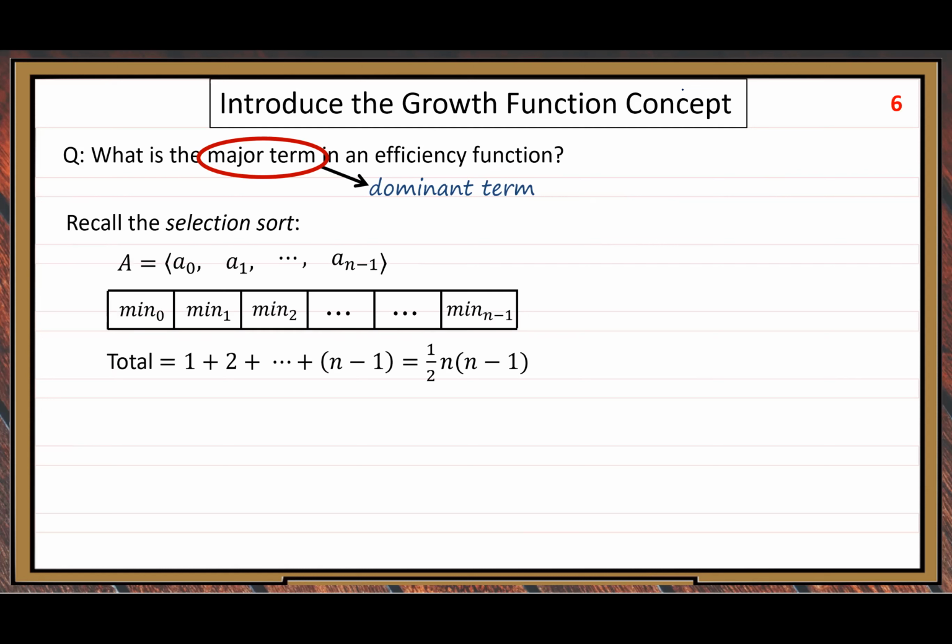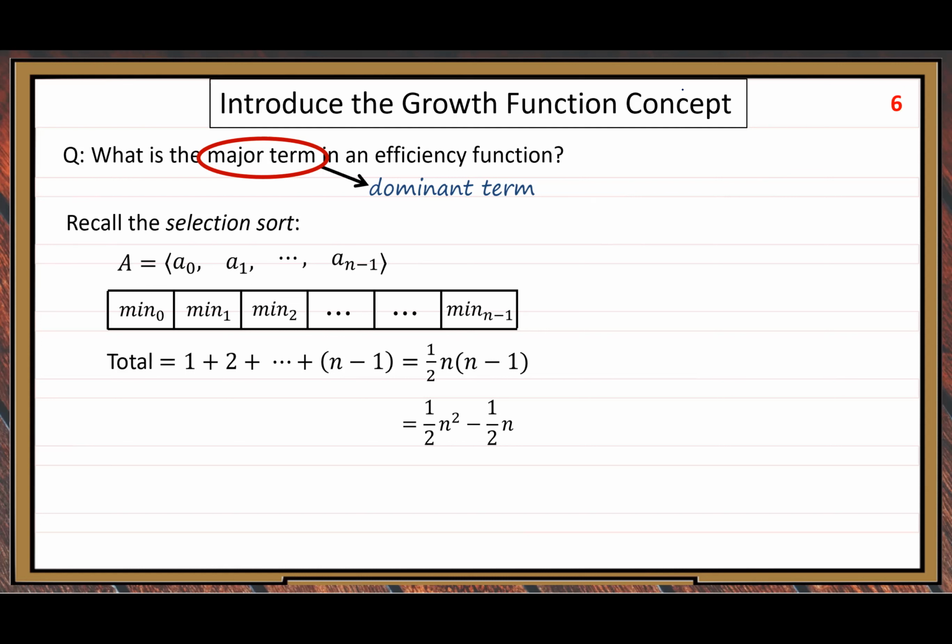In the selection sort, this is the efficiency function, the number of comparisons, C(n). Let's expand that function. We have two terms. Can we say the first term dominates the second term in its value? It dominates. So it's the major term, and the other is the minor term.